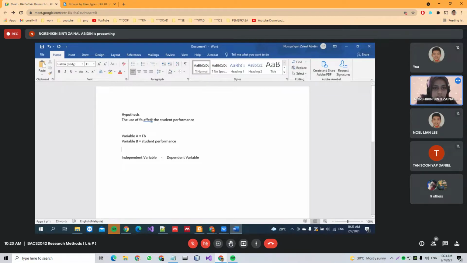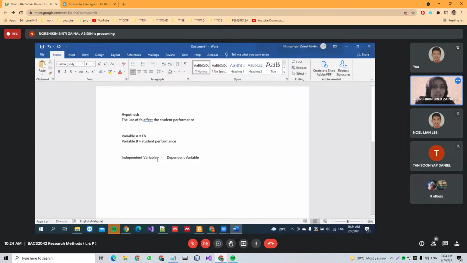So let's say I just write a simple hypothesis for you to understand how to write hypothesis and what's the independent and dependent variable. Okay, here the hypothesis is the use of FB affect the student performance. So you have two variable here, two objects that you want to see what is the relationship. What is the relationship between this Facebook and the student performance?